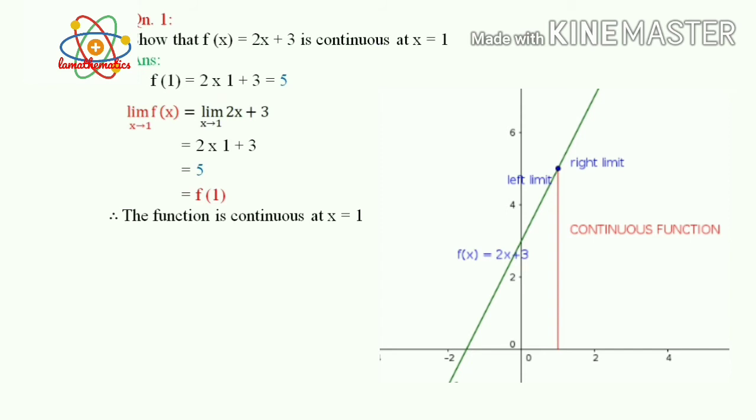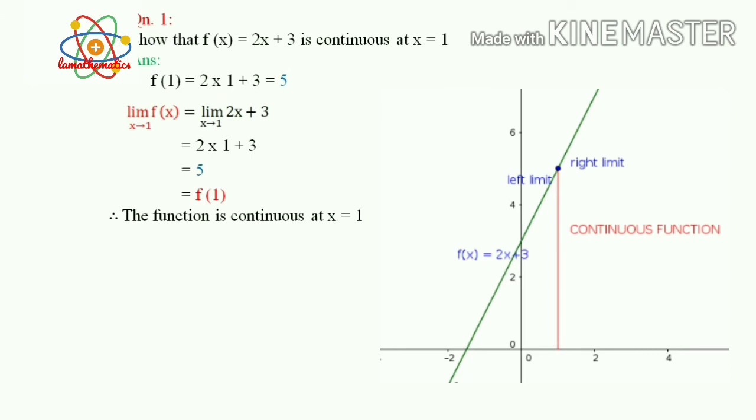At x equal to 1, the y-coordinate is 5. That is, f of 1 equals 5. Also, the left-hand limit at 1 is 5. Similarly, the right-hand limit at 1 is 5.